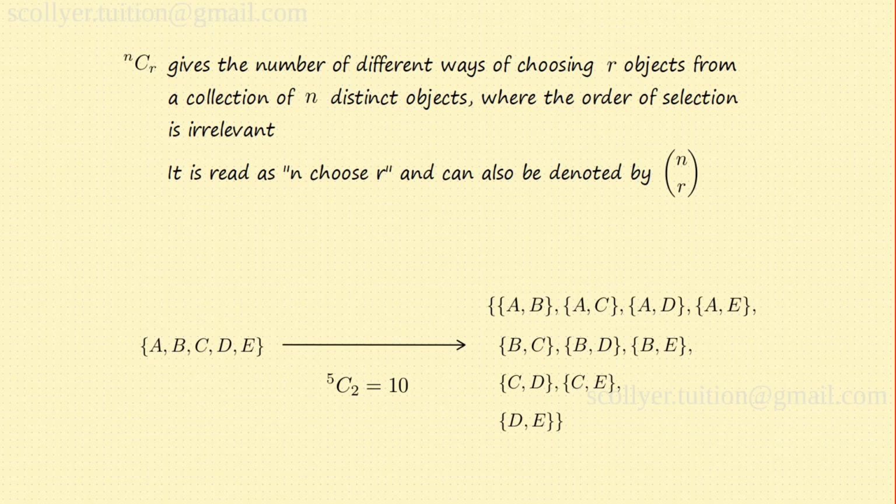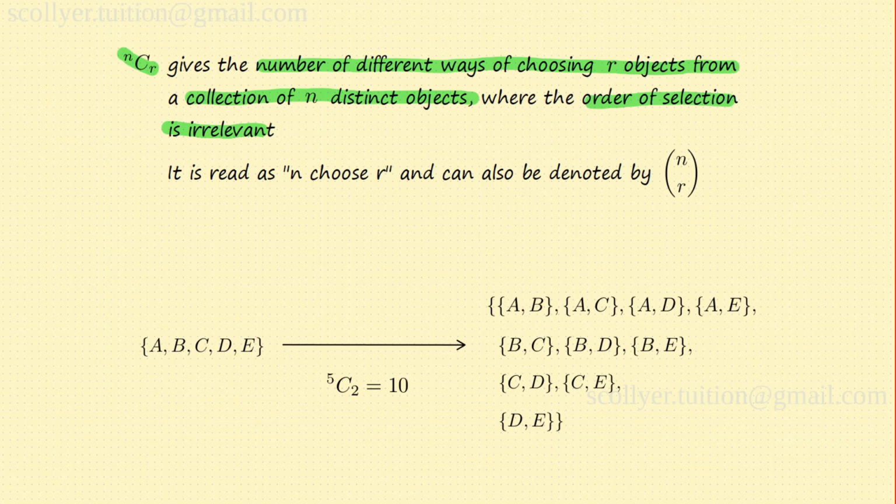Now, we can describe nCr as giving the number of different ways of choosing r objects from a collection of n distinct objects where the order of selection is irrelevant.